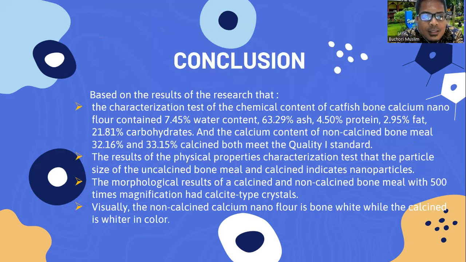And the conclusion, based on the result of the research: the characterization test of the chemical content of catfish bone calcium nanofluoride shows 7.45% water content, 63.29% ash, 4.50% protein, 2.95% fat, 21.81% carbohydrates, and calcium content of 32.16% for non-calcined bone meal and 33.15% for calcined bone meal, meeting the quality standard.